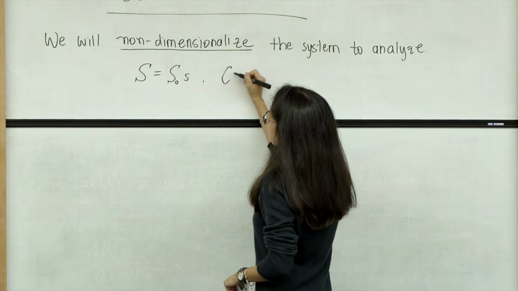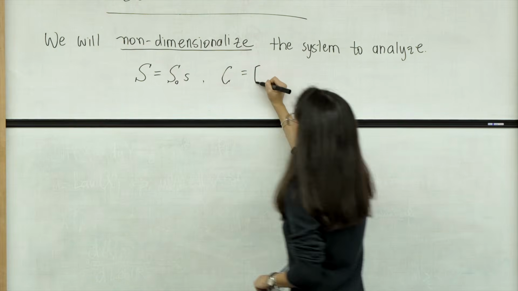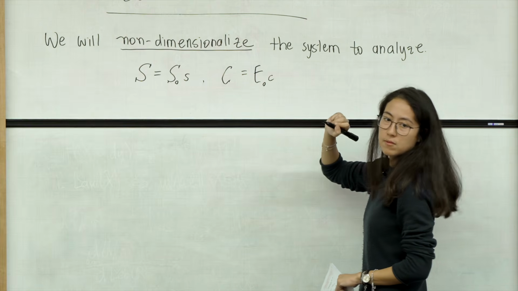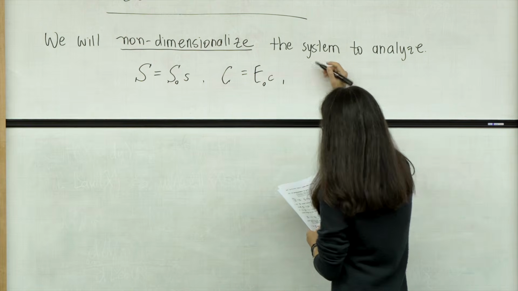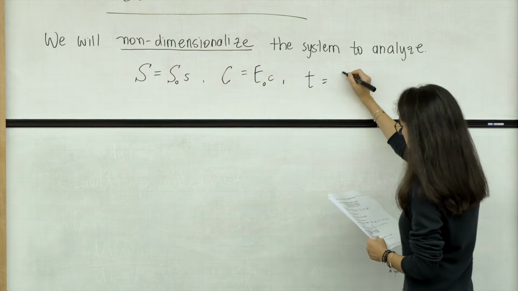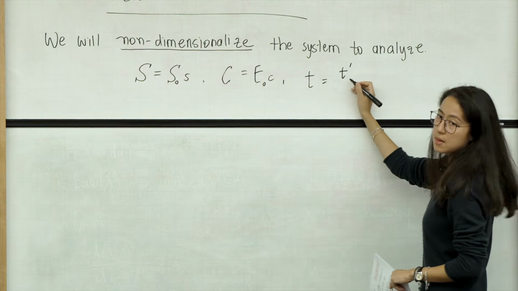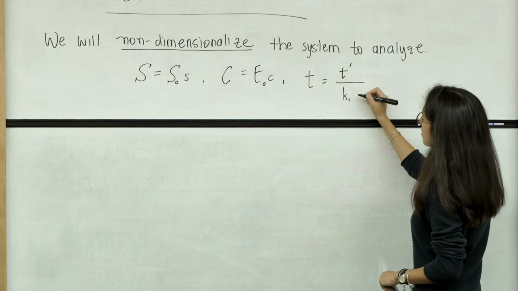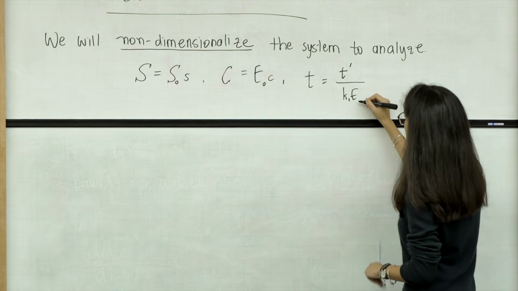Then I will have something for the complex as well. This one will be based on the initial enzyme concentration times a little variable c. And finally, I will also give you a new definition of time, t prime, divided by the rate of reaction times S0.